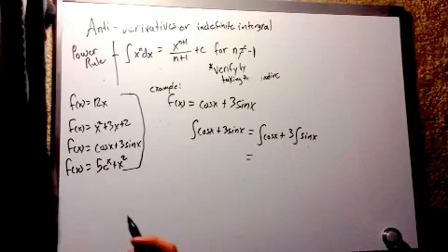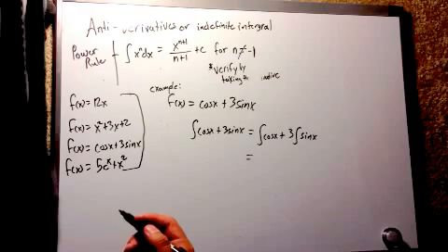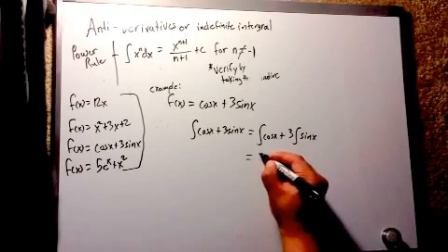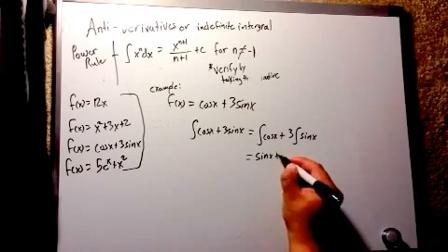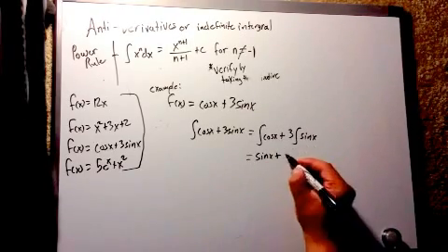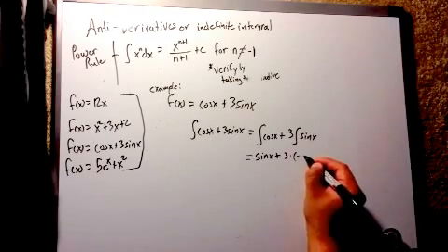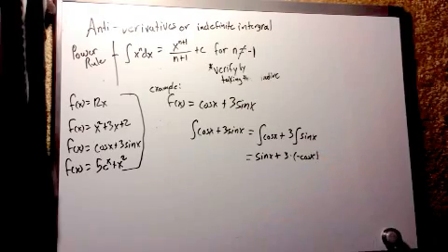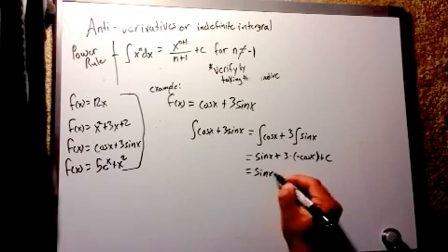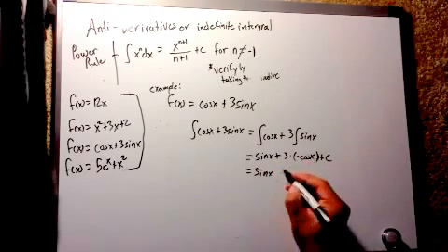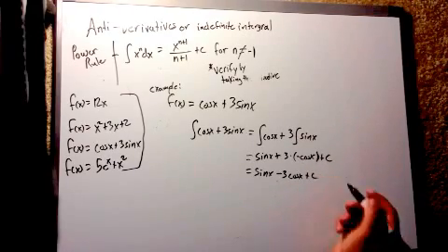We take the antiderivative of cosine x, and we're going to get sine of x, plus 3 times negative cosine of x, plus c, which is going to equal sine of x plus, we'll change that to negative 3 times cosine of x, plus c.